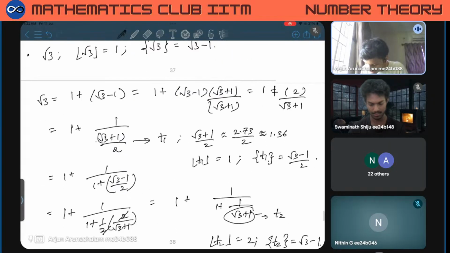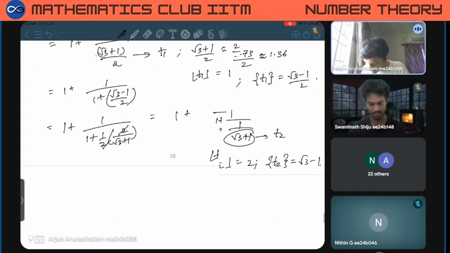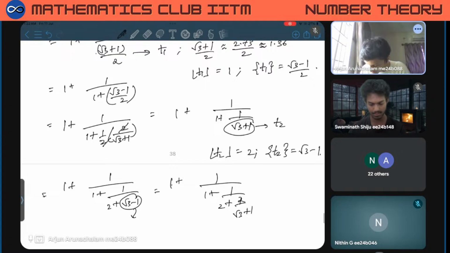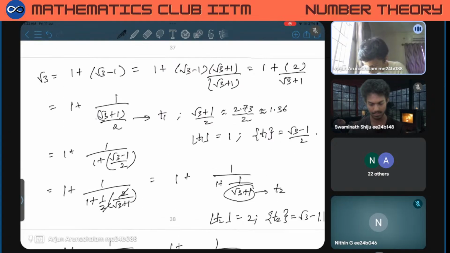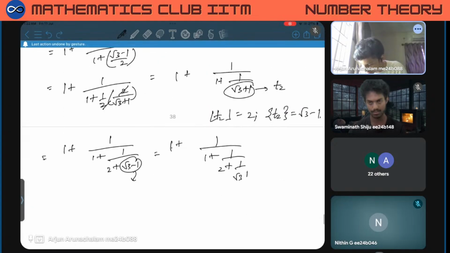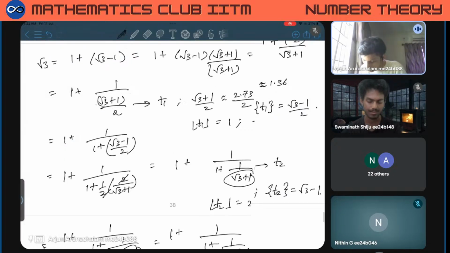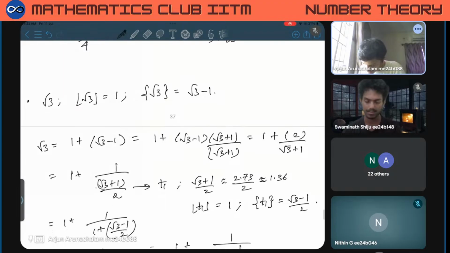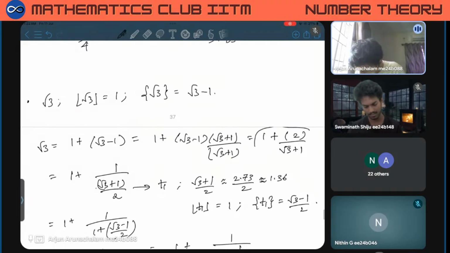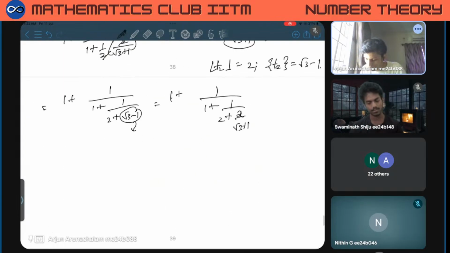So notice that at one point we were here. Where exactly? Just a second. So at this point we were already there, and we have come back here, right?